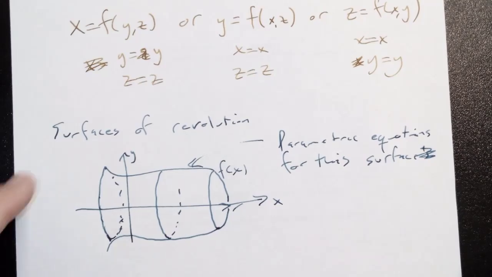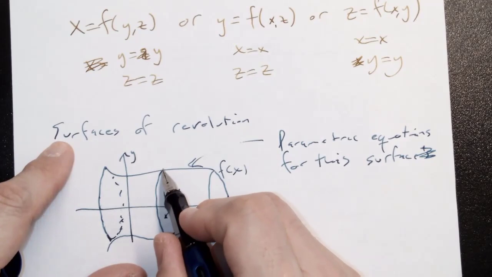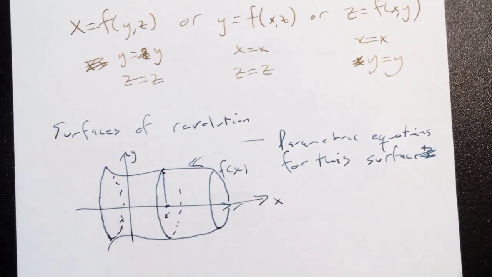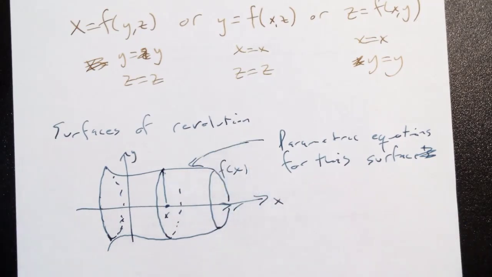Wait a minute. If I'm at some x value, what's that point? That's the y value associated with that, right? That's f of x. But then I'm taking that point and I'm moving it in a circle. And I'm changing the y value and the z value, but I'm not changing the x value.